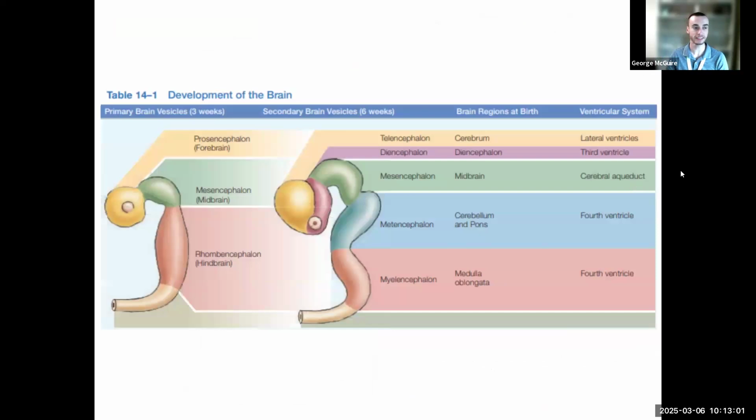So to start off, we have named different regions of our brain based on how they show up developmentally in embryos. And this also gives us a bit of an idea or a look at how these structures of the brain developed evolutionarily as well.